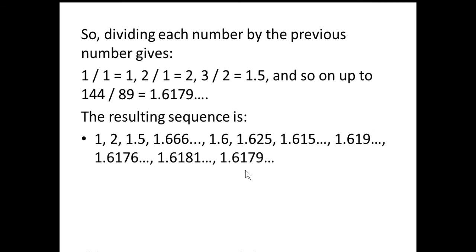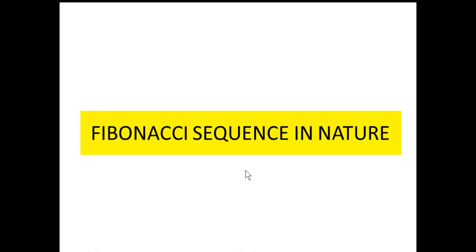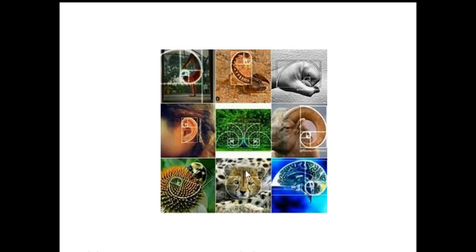Next we have some examples where Fibonacci sequences occur in nature. Here are different pictures. Here this person is bending, and here it becomes a Fibonacci spiral. Here it has a Fibonacci spiral. In the thumb, you have a Fibonacci spiral.